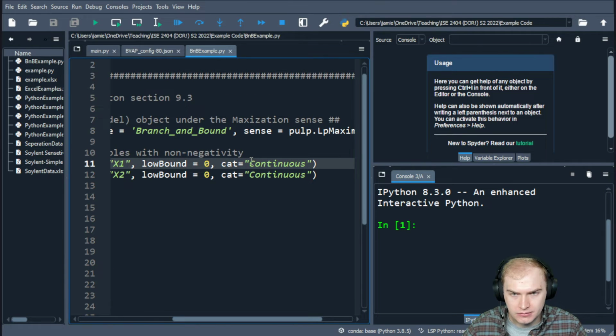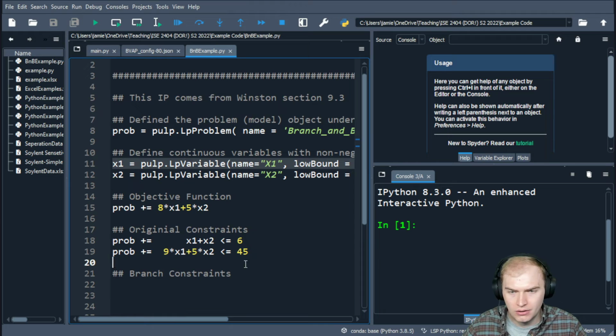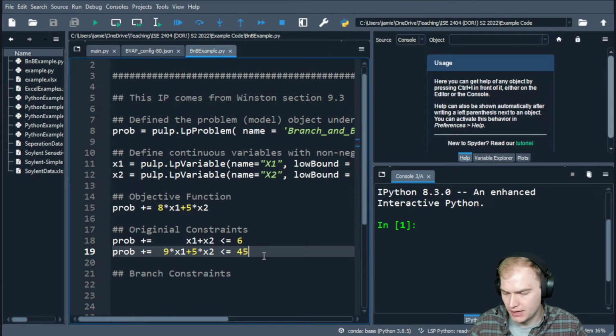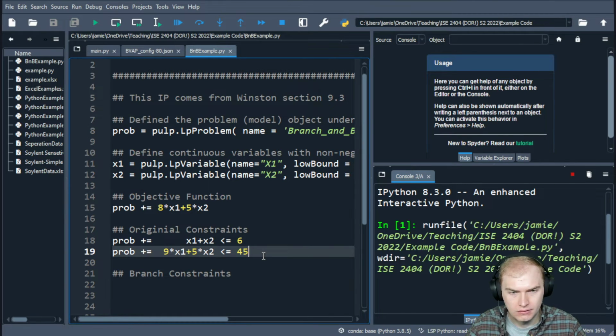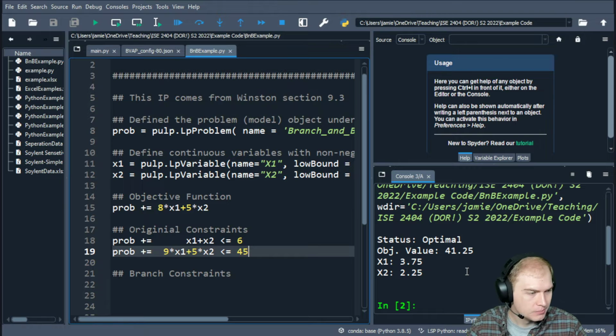This is the continuous relaxation. The true problem would have the word integer here. So let's solve that. And we see we get the same point that the book spat out. 3.75, 2.25 with an objective value of 41 1/4.